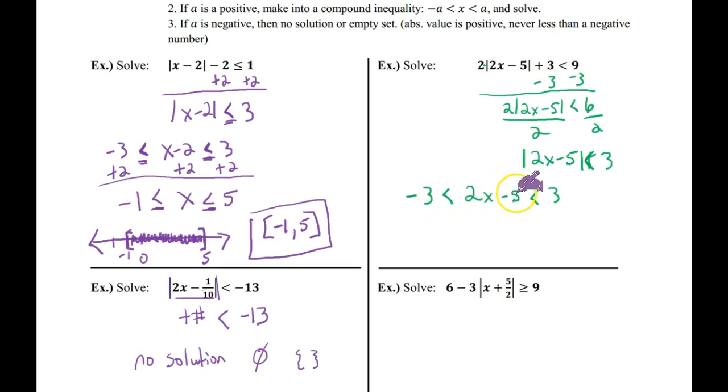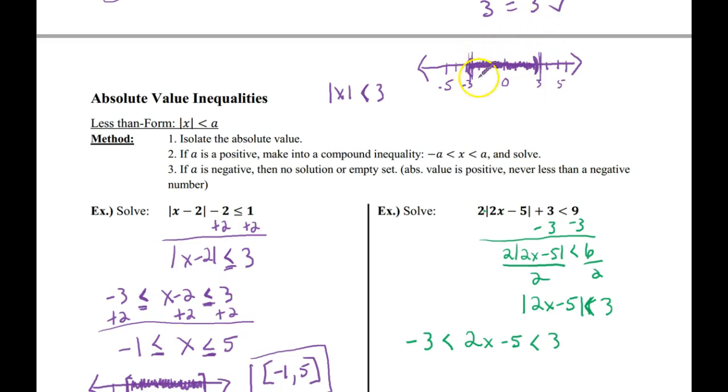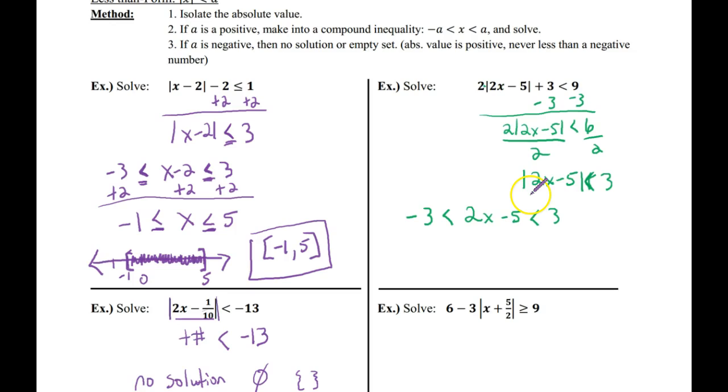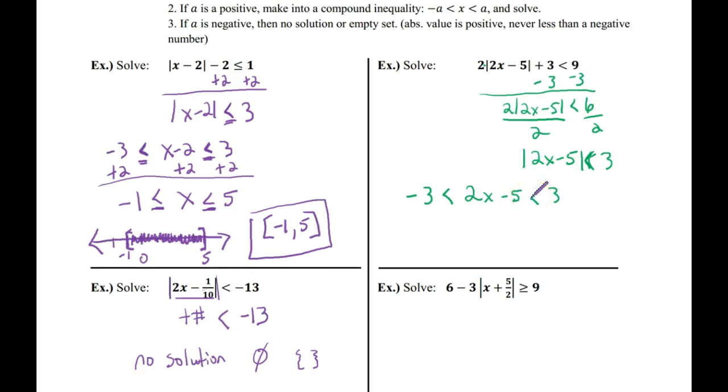It's going to be in between two numbers. It's going to be this closed set here of distances that are less. They're coming together. Now that I have it in this form, I can solve by adding 5 to all 3 parts of my inequality here.